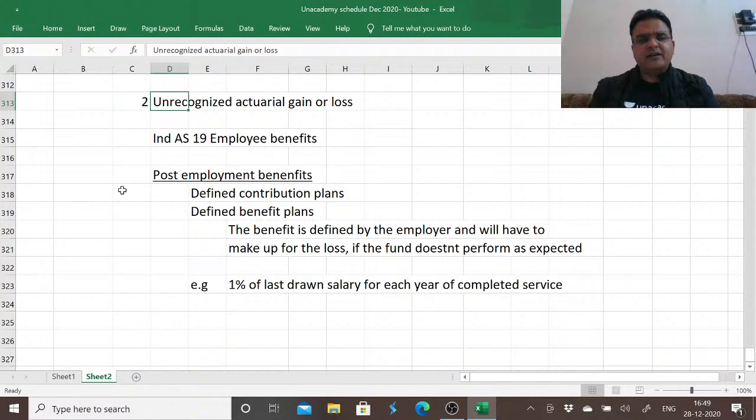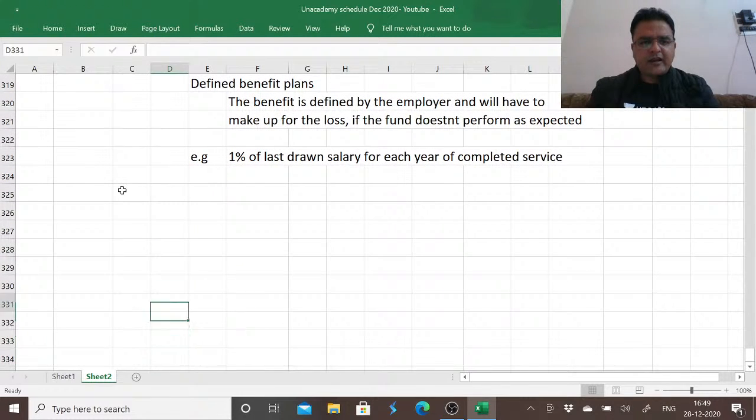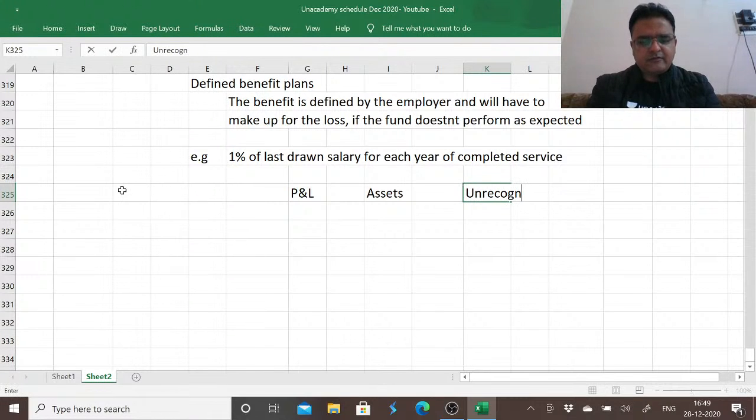and till the time the entity continues, the employee benefit plans will also be in existence. So they'll remain as part of OCI; they are never reclassified to P&L. So if you look at what could have been presented, like if I present profit or loss, P&L, if I'm presenting assets, unrecognized actuarial gain or loss, and liability.